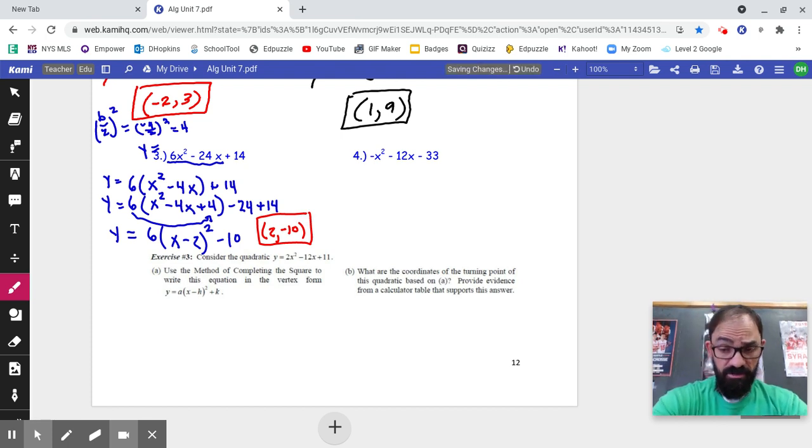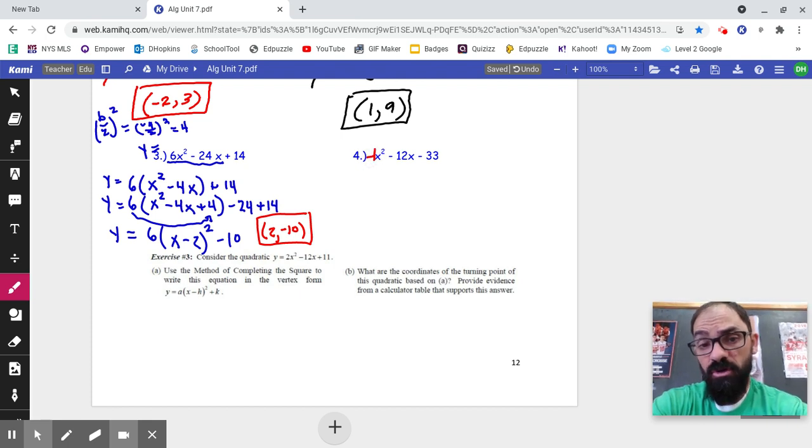Okay, let's try that again. Number 4 is a little different. The number that's technically in front of the x squared is negative 1. So I want to take that out. So negative 12 divided by negative 1 is positive 12.